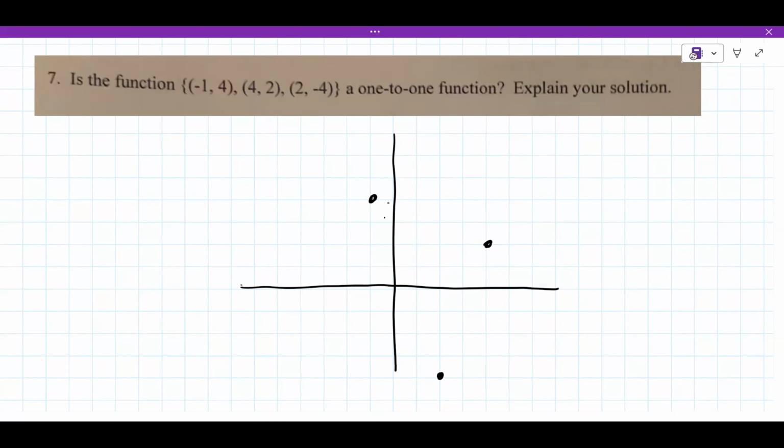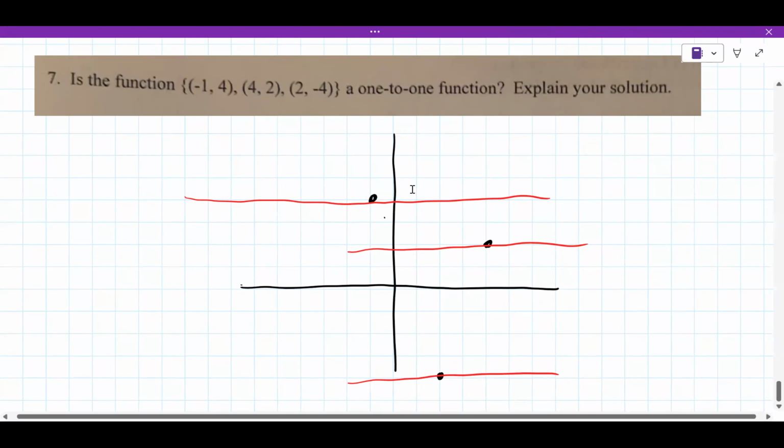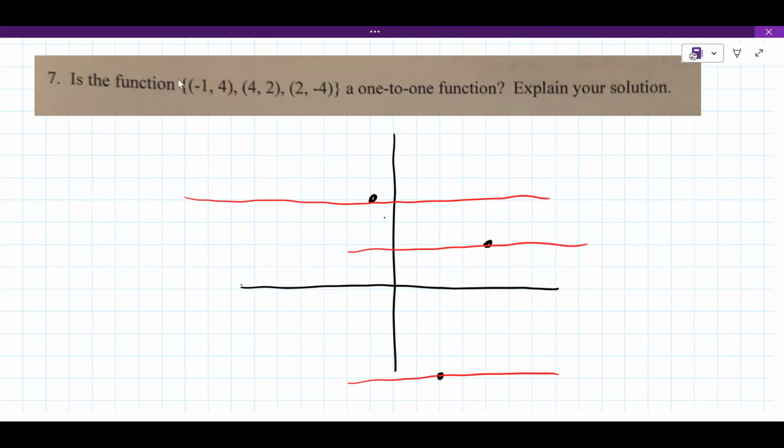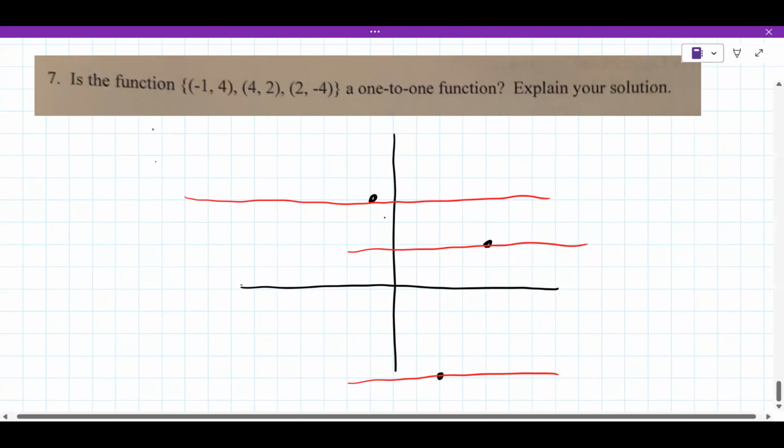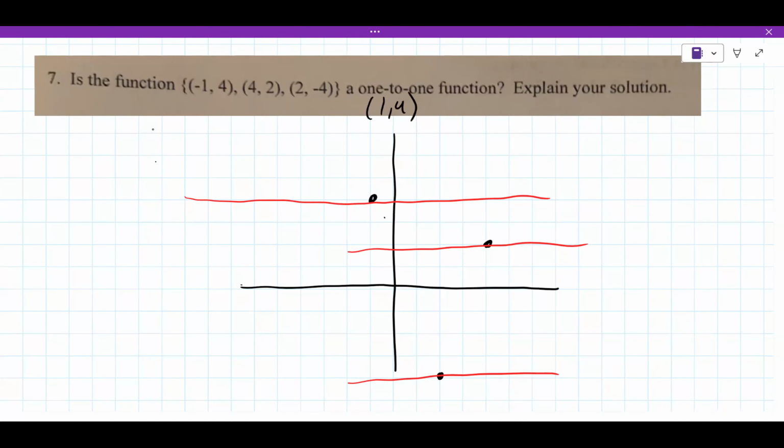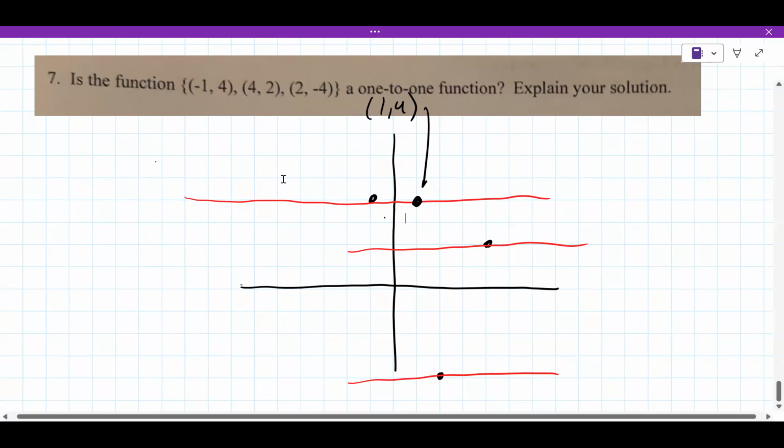And so what you're looking for here is, does a horizontal line hit more than once? So none of these horizontal lines hit it more than once. You only hit that one point. So it's almost like I need to give you one that's not 1 to 1 to see. So let's say I added a point like 1, 4. See how that horizontal line hits it twice? It's no longer 1 to 1. So it's 1 to 1 if a horizontal line only hits it one time.